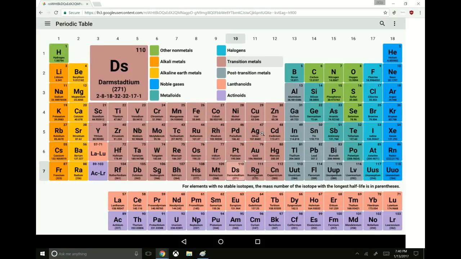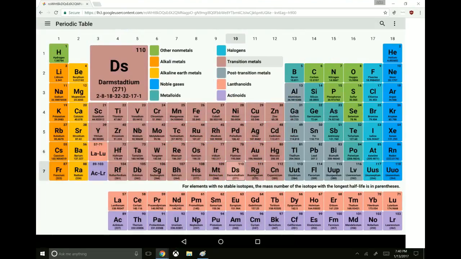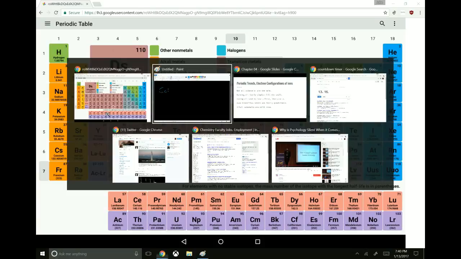Okay. So, for example, scandium, very first transition metal, can take a 2+ charge or a 3+ charge. Scandium is argon, 4s2, 3d1.